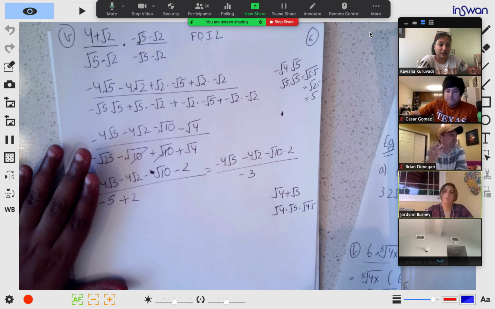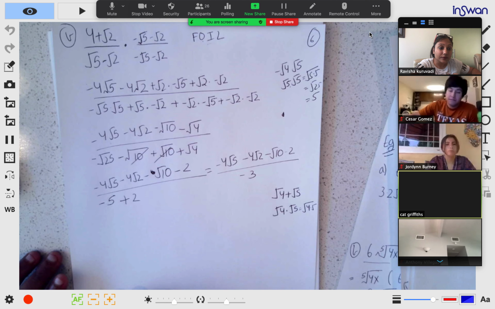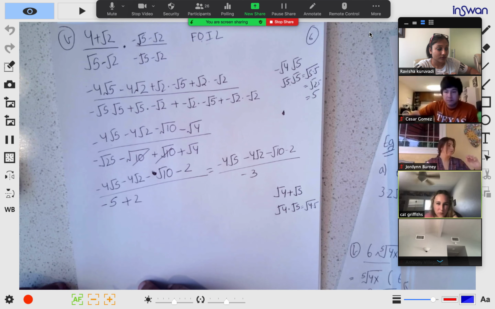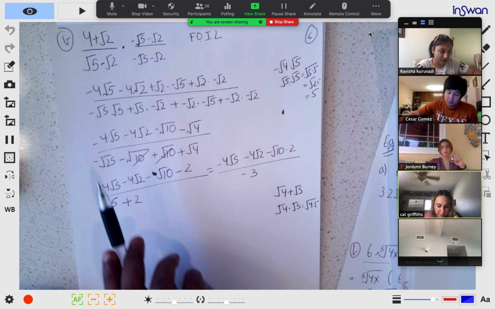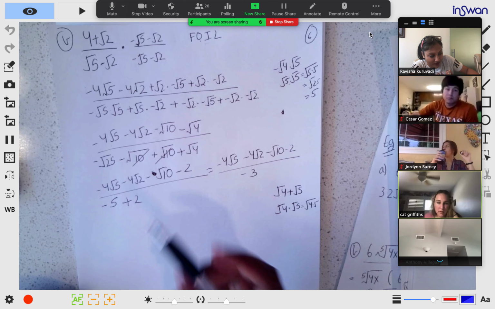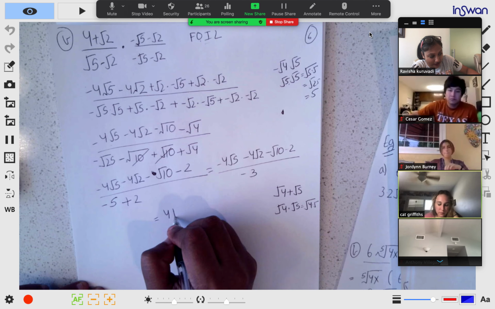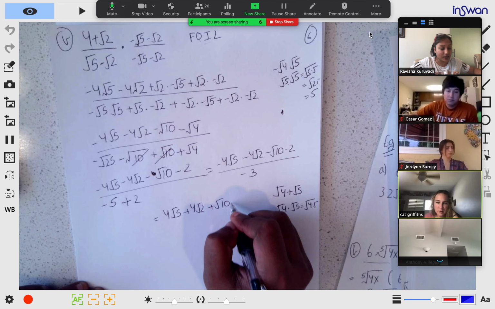Yeah, that makes sense. Thank you. I have a question. So I chose to multiply by square root of 5 plus square root of 2, and then your answer would be this thing. Everything would be positive, right? Would that be correct? Yes, it's absolutely correct. It will accept both answers.